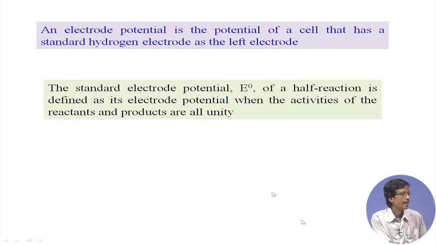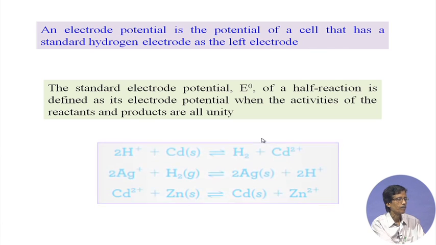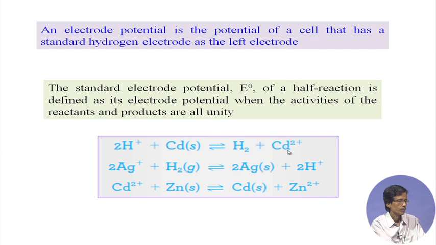So, we get the activities of the reactants and products all unity. If we consider their concentrations in that way, the resulting value is your E0 value for that particular half cell reaction.